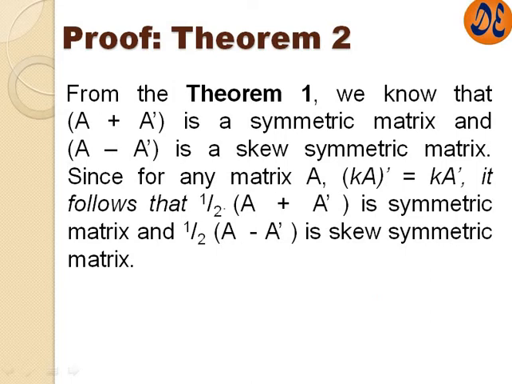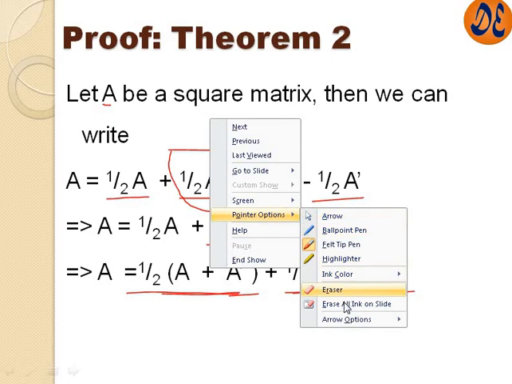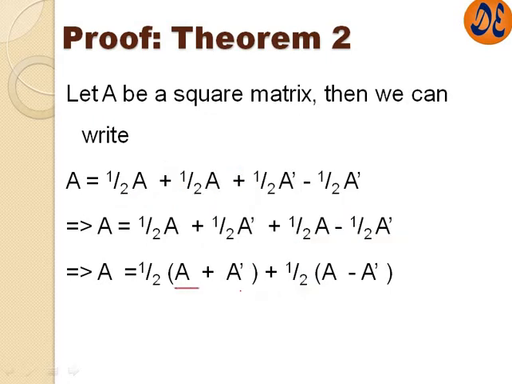Now from theorem 1, we know that A plus A dash is a symmetric matrix and A minus A dash is a skew symmetric matrix. So whatever we have got here, a plus and a minus, this is a symmetric matrix and this is a skew symmetric matrix. Now if we multiply all the elements by half, the symmetric and skew symmetric nature will remain the same.